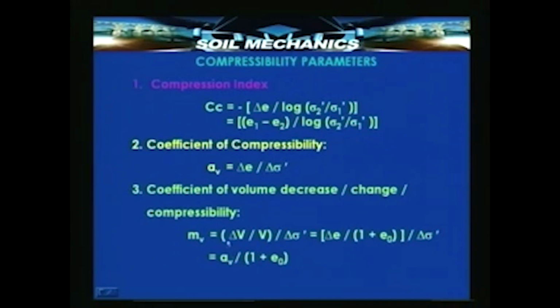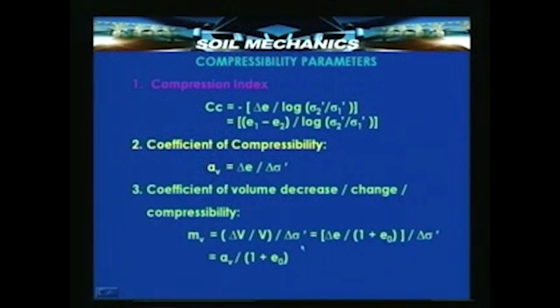This parameter is defined as change in volume per unit volume as a ratio with respect to the change in stress. So, earlier it was merely the change in void ratio, which in effect is nothing but the change in volume, whereas now it is change in volume per unit volume with respect to the change in stress.